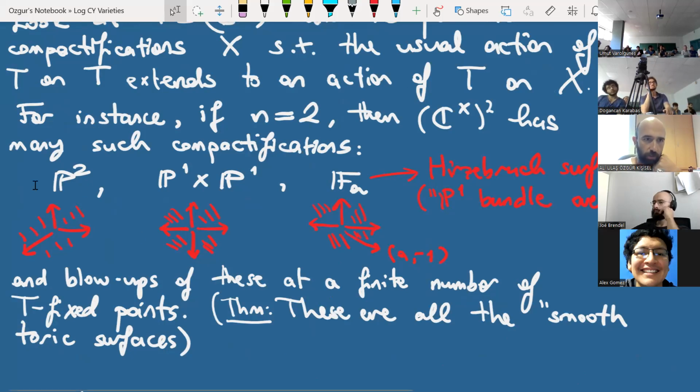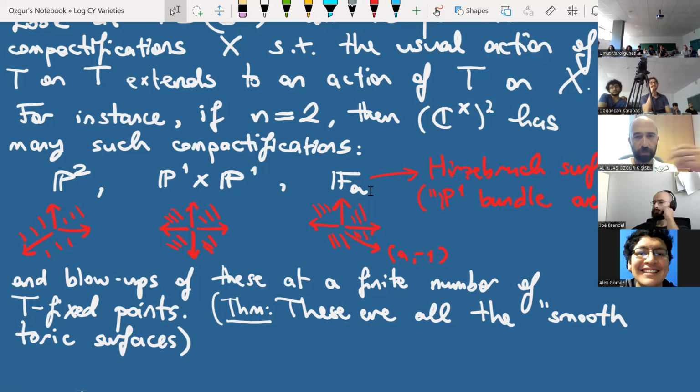Down here, I drew the fans of these toric varieties, if you happen to know the subject, but if you have never seen toric varieties, please disregard. Besides P2 and P1 cross P1, there are also Hirzebruch surfaces, which are essentially P1 bundles over P1. So you could twist the bundle, right? So the a tells you the amount of twisting.